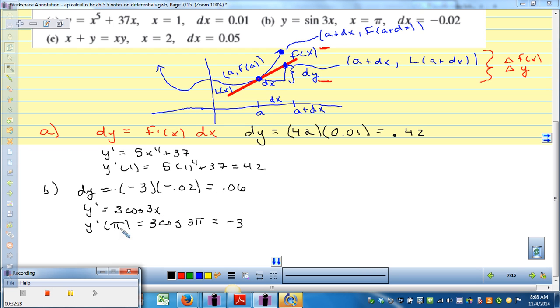So we found our y prime, we evaluated at pi, and we get negative 3. So dy will be negative 3 times negative 0.02, or 0.06. So if on this function, if I were to go left 0.02, my y change on my tangent line would be positive 0.06. Okay?